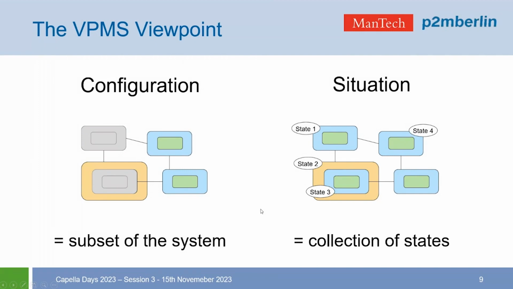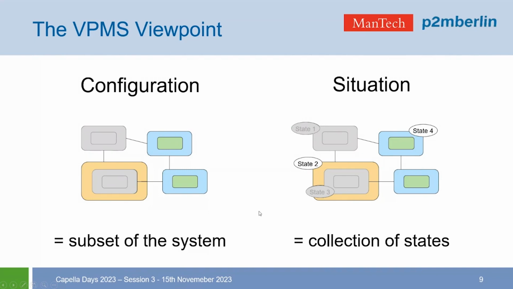For the purpose of our project, we have adopted a strategy which consists of assigning to states also the information of whether a component is available or not available. Meaning, for example, if states 1 and 3 in this schematic representation were set to unavailable, then this would be equivalent to the configuration we see on the left-hand side.